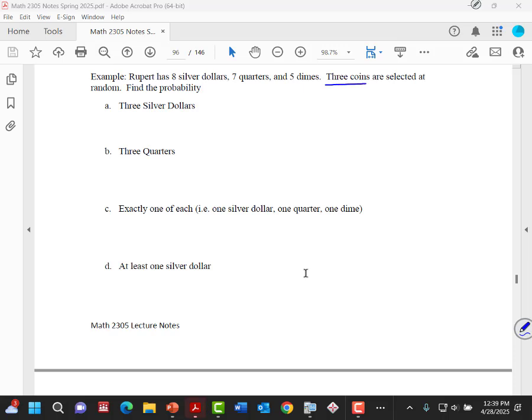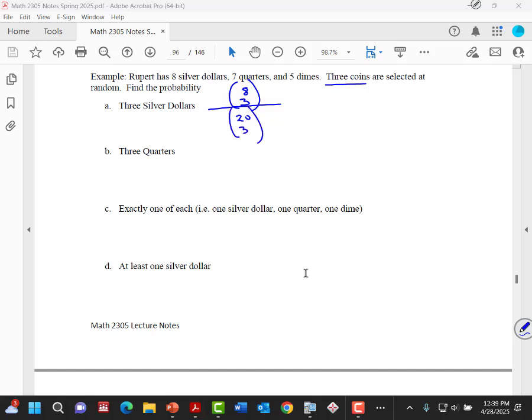Find the probability of 3 silver dollars. Well, from the 8 silver dollars, choose 3 of them, out of how many total coins are in the box? It looks like there's 20. So out of 20, choose 3.